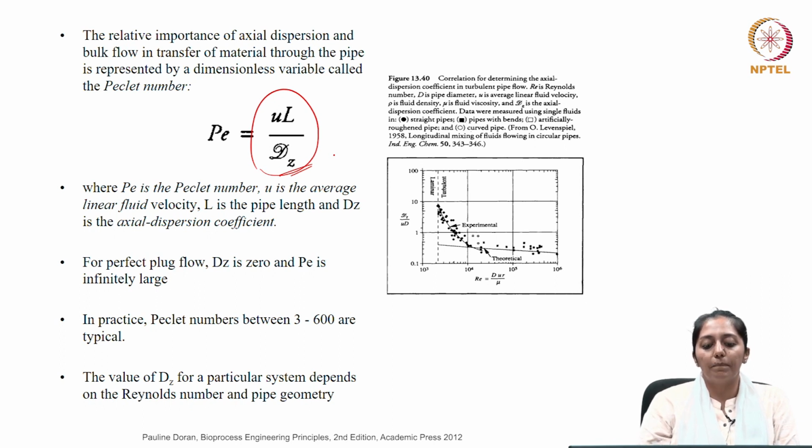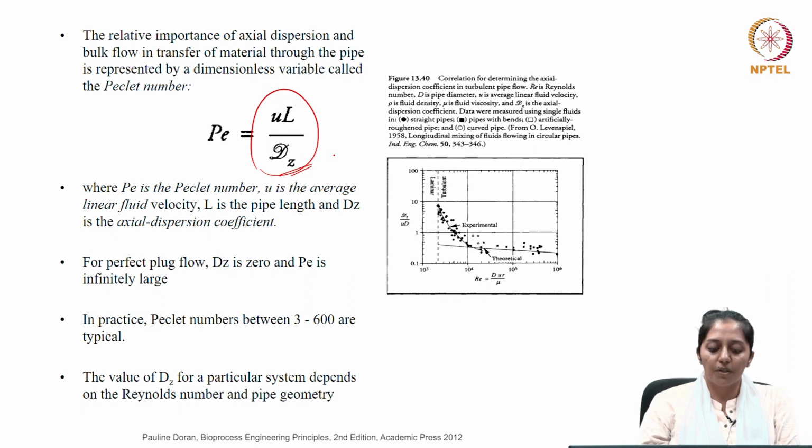Now for perfect plug flow, the dispersion is 0. So therefore the Peclet number would be infinitely high. Now in practical situations, the Peclet numbers are found to vary within a big range, from very small values, singular values like 3, to 600.